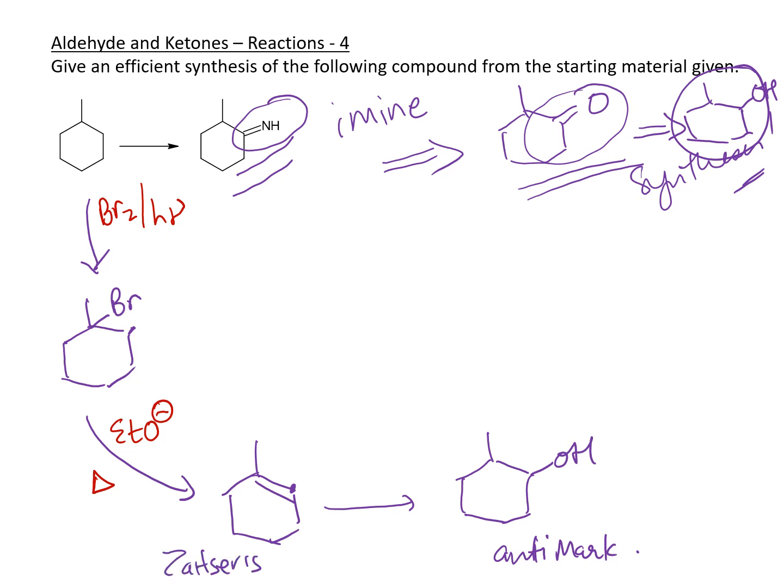To get anti-Markovnikov, you need hydroboration, so BH3, THF, and then you work it up with hydrogen peroxide and a base. That's how you get the alcohol. Now from the alcohol to ketone is very easy, because all you need to do is oxidation, right? So now you end up getting your ketone.